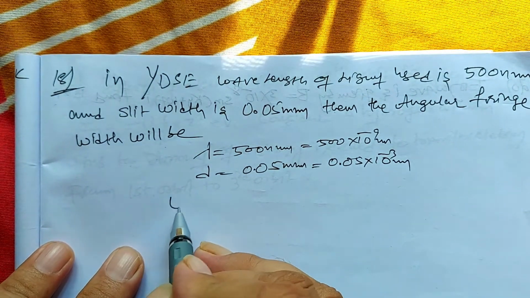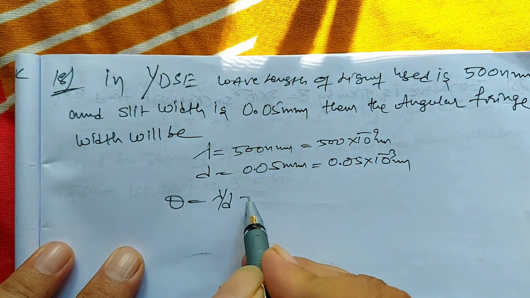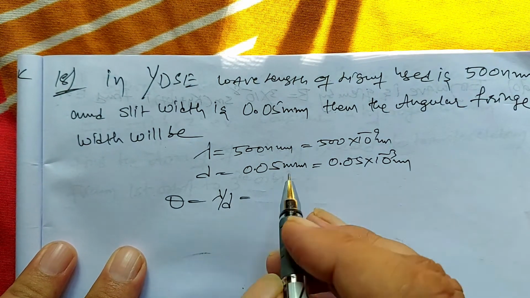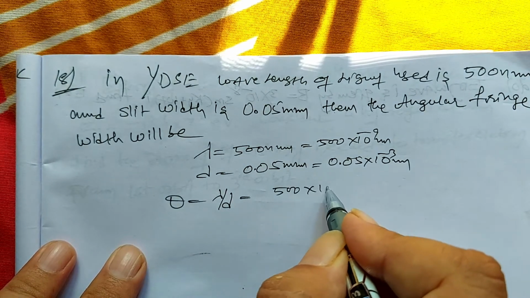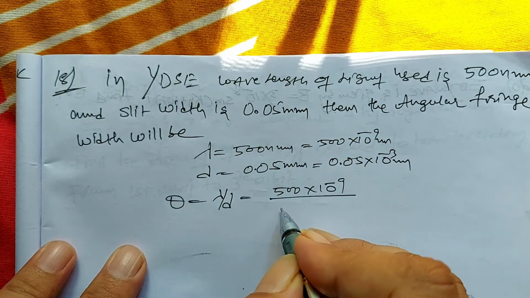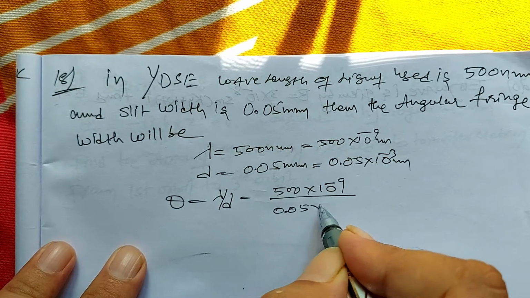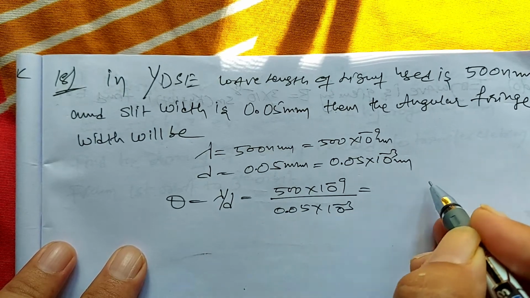Fringe width, theta is equal to lambda by d. That is the formula. 500 into 10 to the power of minus 9 divided by 0.05 into 10 to the power of minus 3.